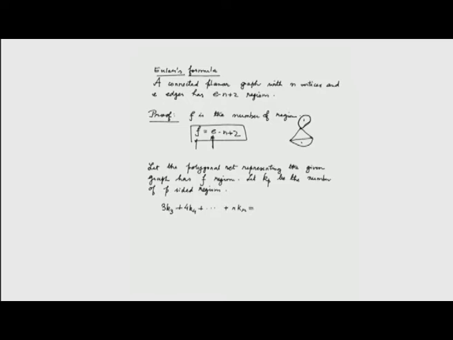And we know that each edge is going to be present in 2 regions. Therefore, I will have 2 times E, and if I sum up all these face sides, they will give me ultimately the number of faces, because K 3 is the number of faces or regions with 3 edges, and 4 and so on up to some r.